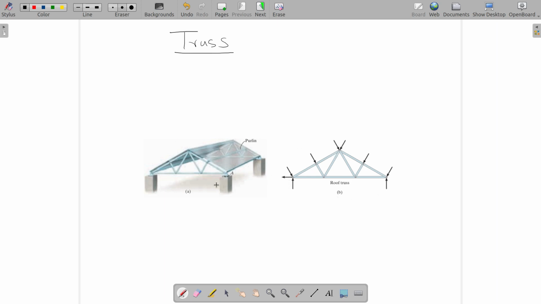The load from the roof is being applied on these joints, and at these two joints you have the support, the pillars. So there is going to be normal force from these pillars also.